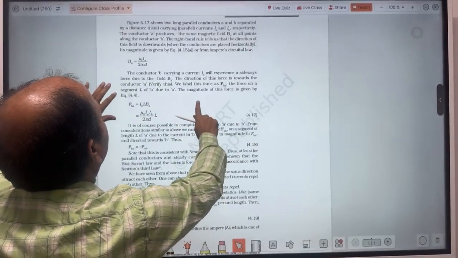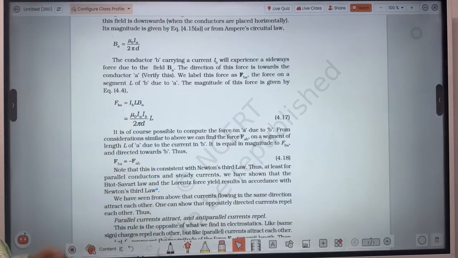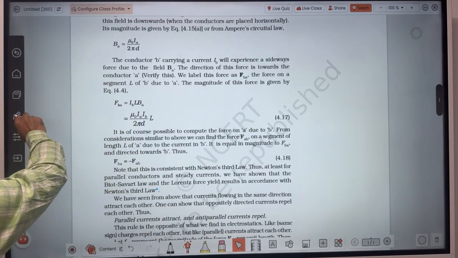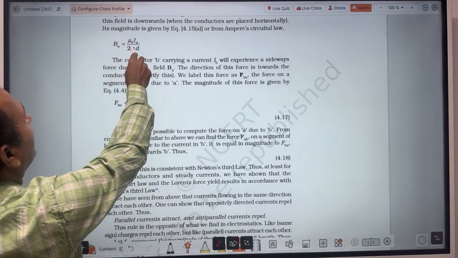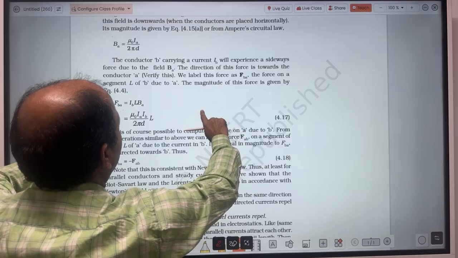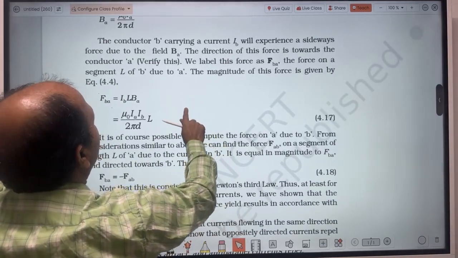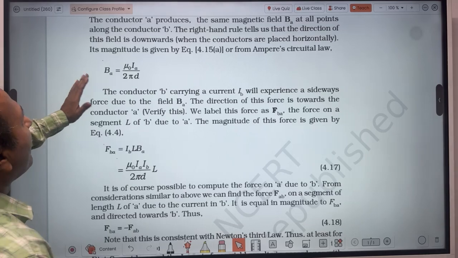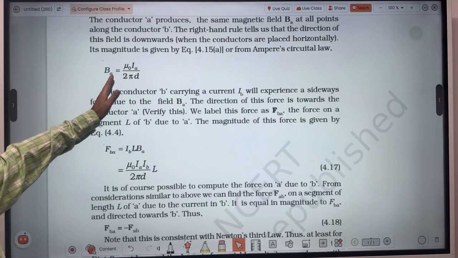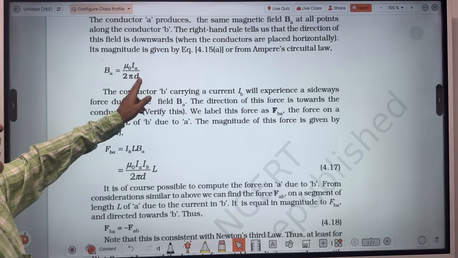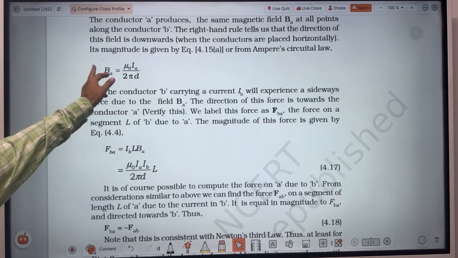Here, if the first conductor is carrying current, it will give rise to a magnetic field given by BA equal to mu naught IA divided by 2 pi D, where D is the separation, right?